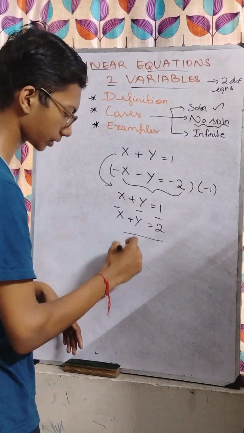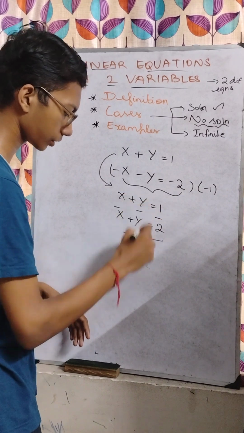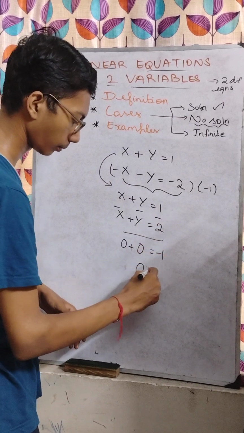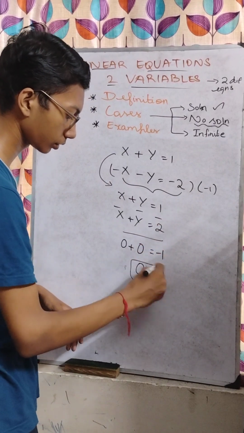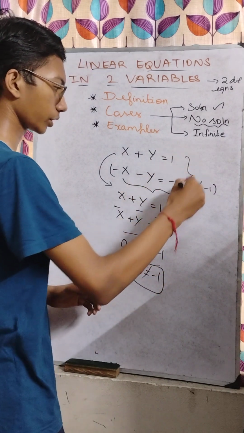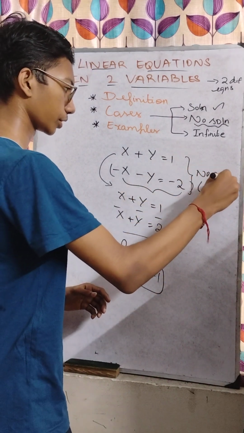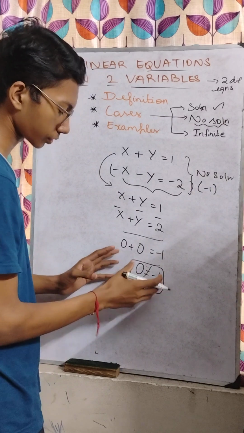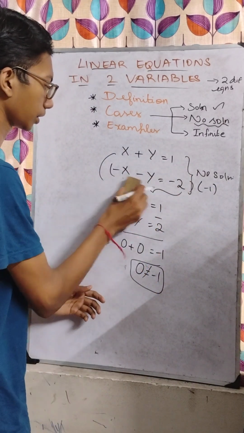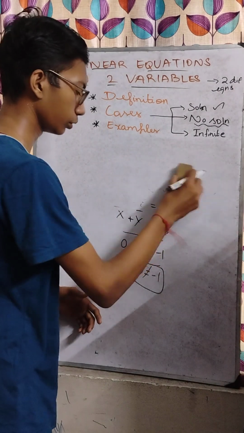We have x minus x is 0, y minus y is 0, 1 minus 2 is minus 1. But 0 does not equal minus 1, which means these two equations have no solution, because these two equations can never be true together.